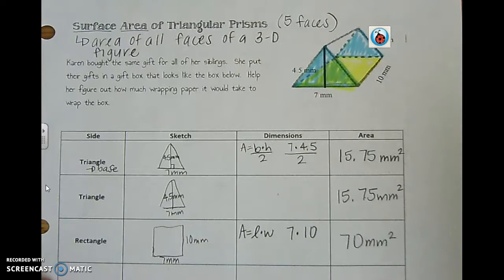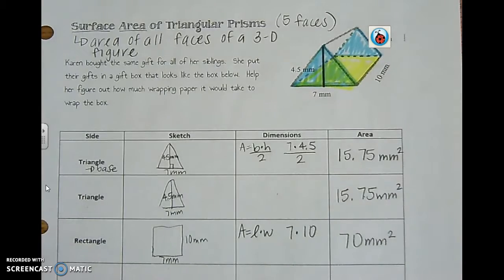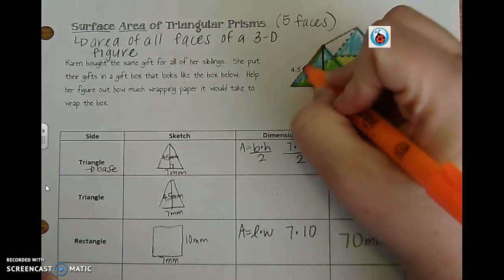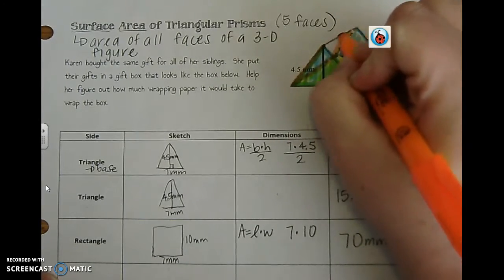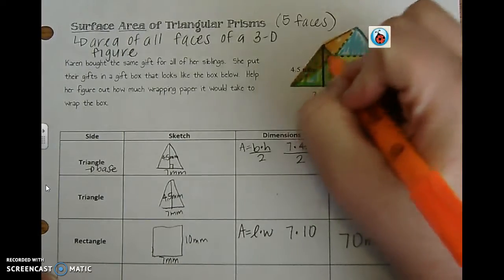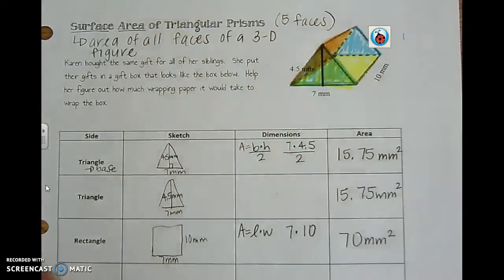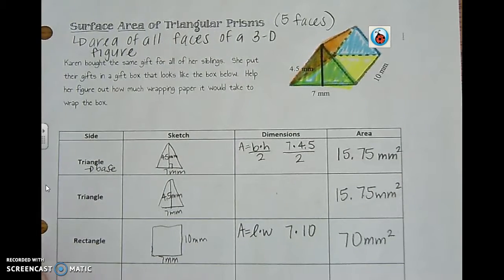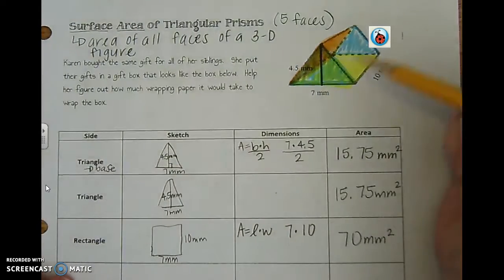I've got 2 left. I know the other 2 are going to be rectangles, so I'm going to look at my picture and find those. So the other rectangle I see is kind of on this side here. So I've made that orange. And I'm going to try to figure out what the side lengths are.